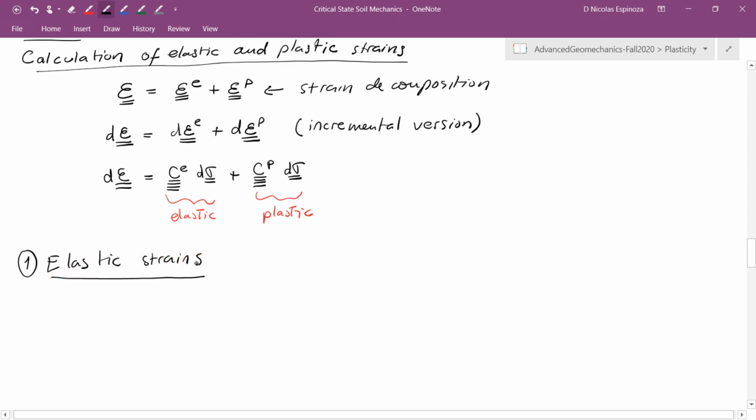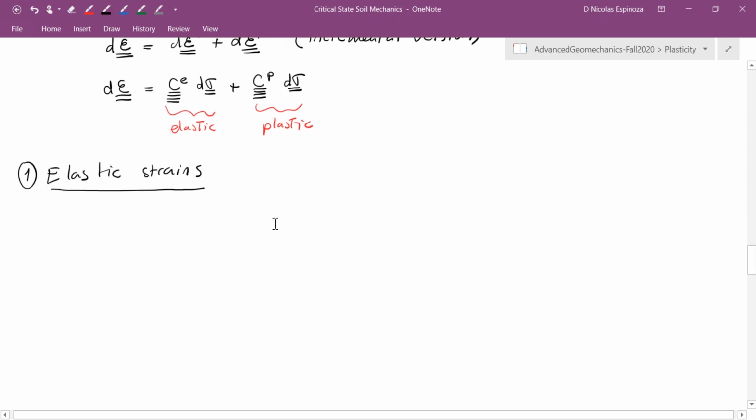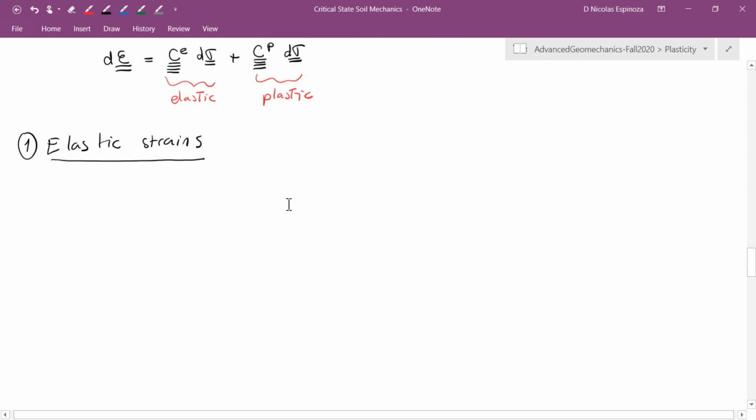Before writing exactly the equations for the elastic strains, let's start here with an explanation of what are the strains that we are going to be measuring.